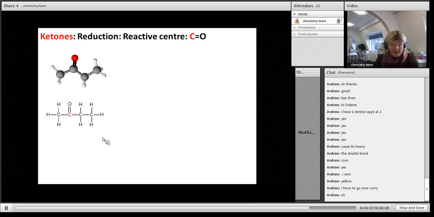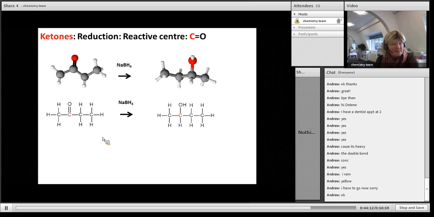Ketones. Ketones don't have very many reactions at all. They just basically get reduced. If you go and study further, you'll see there are other ones, but as far as you're concerned, they only get reduced. You can't oxidize them, you don't substitute them. All you do is you reduce them. And that's basically your carbon of the carbonyl can have a hydride attacking it, so it reduces it, and there it's added on.